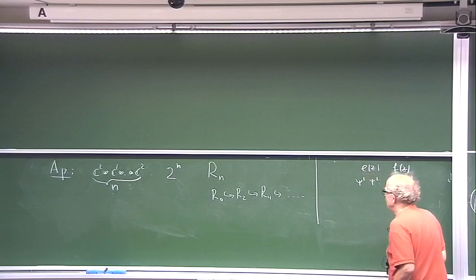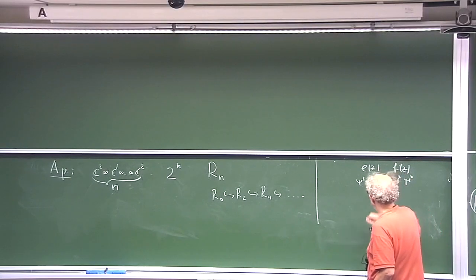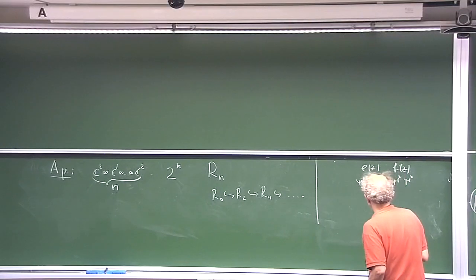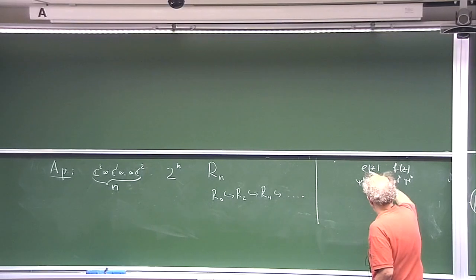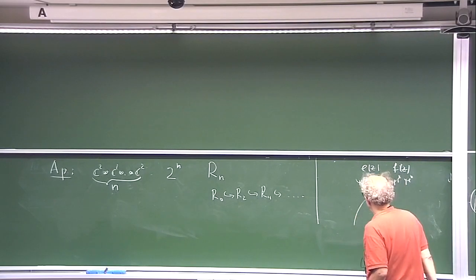What can I do after that? I can take the highest weight vector, because they are acting in some space, and consider a subspace where I take the highest weight vector and act by E and F and also combinations on this vector.